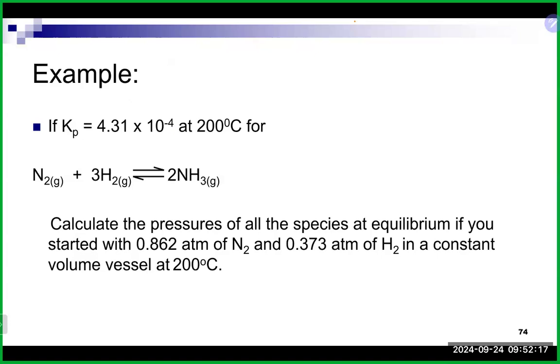I think where we left off, there it is. All right, so KP is 4.31 times 10 to the minus 4. You calculate the equilibrium pressures of everybody if it is 0.862 atmospheres of N2, 0.373 atmospheres of H2, according to that equation.